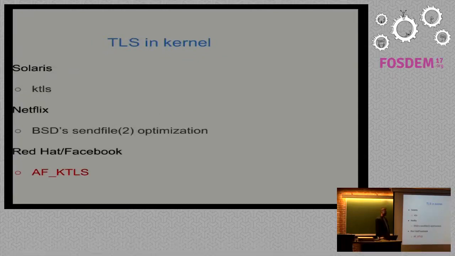TLS in the kernel is not novel. There are implementations, for example, Solaris has its KTLS. It's not only the record layer, but it also carries the implementation of the control layer. So it implements the whole TLS and DTLS right inside the kernel.